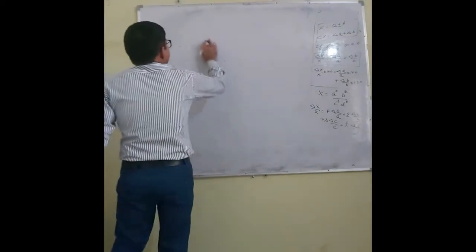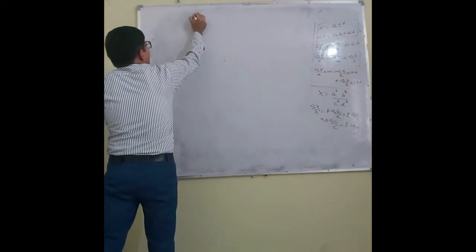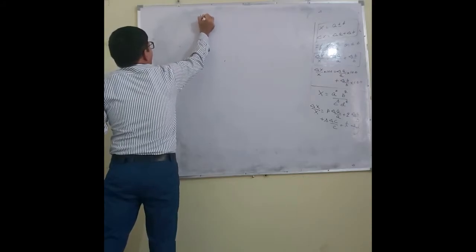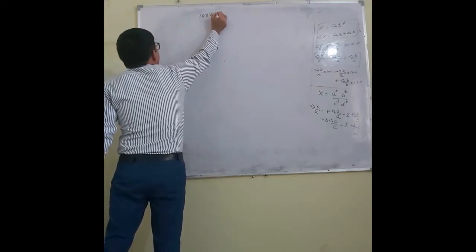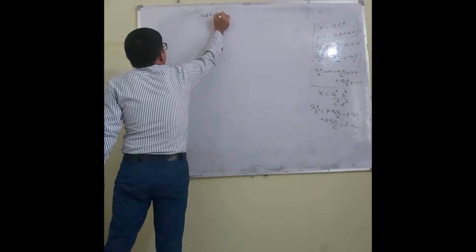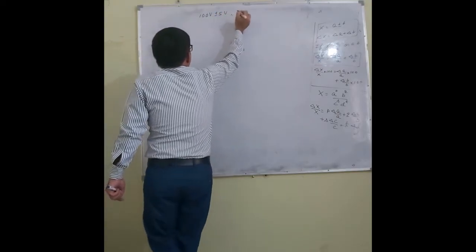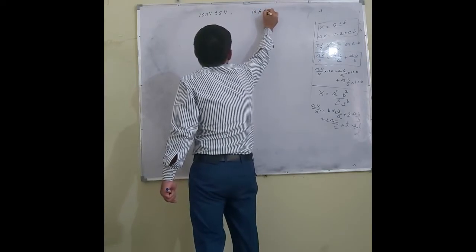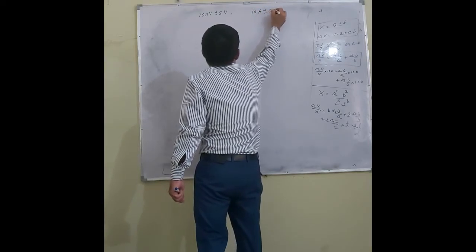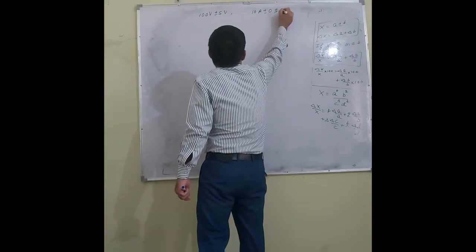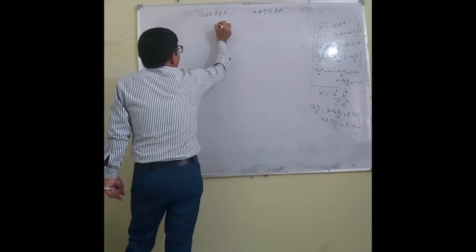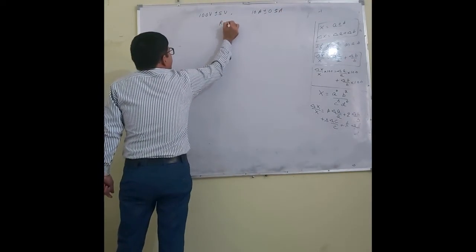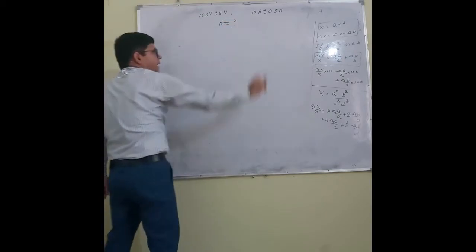So here, let us say the voltage across a conductor is given as 100 volt plus minus 5 volt and the current carried by the conductor is 10 ampere plus minus 0.5 ampere. Find the resistance with error limits.